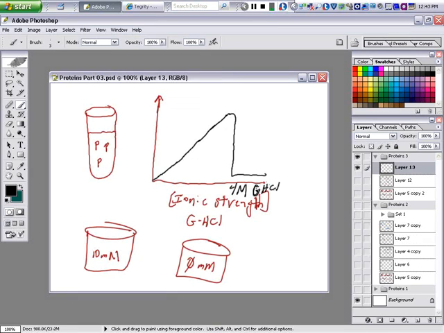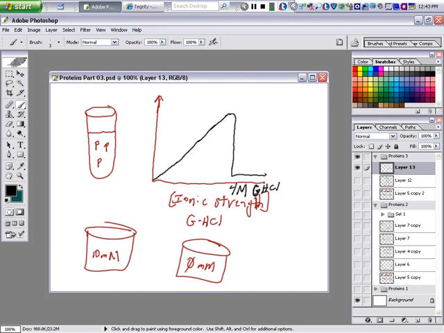So when you get to 4 molar guanidinium HCl, the proteins are going to fall out of solution. And then you'll have all of your proteins separated from everything else that was in that solution. Okay? And so that's how we get the proteins away from all of the other tissue fluids.